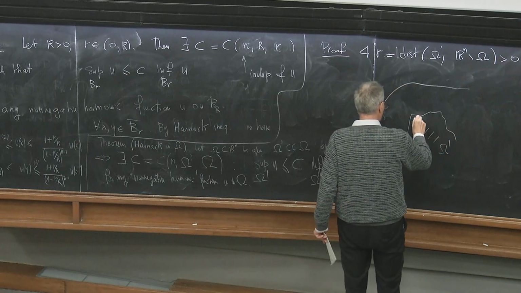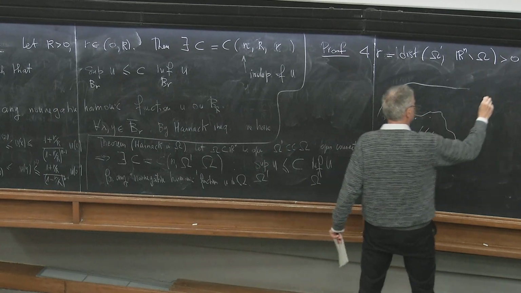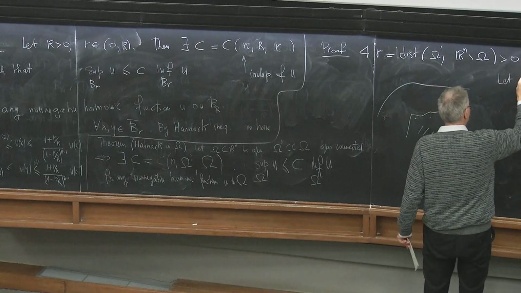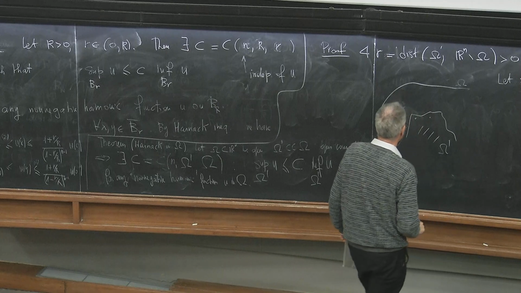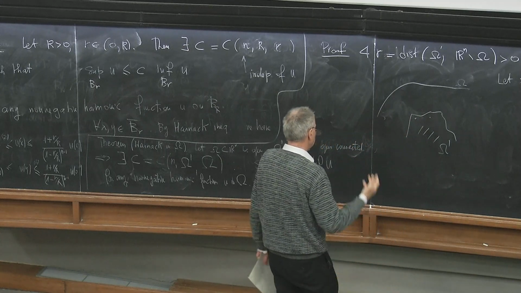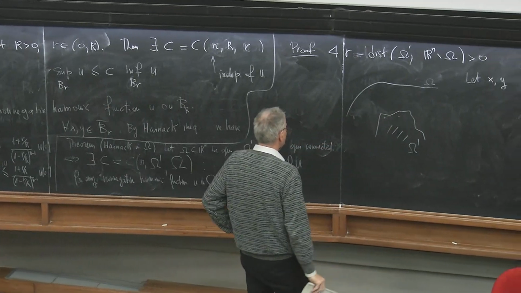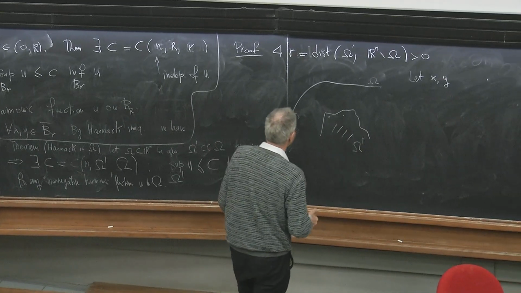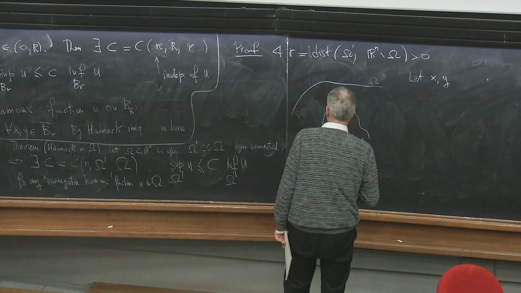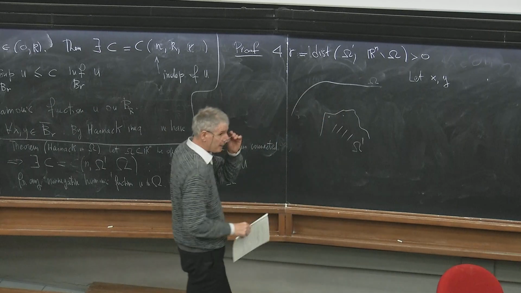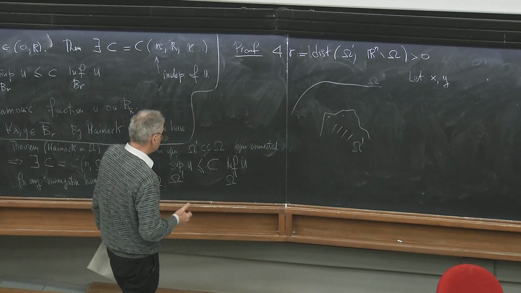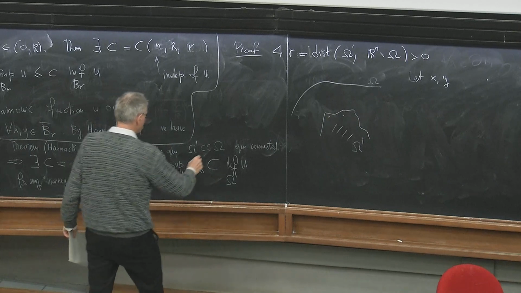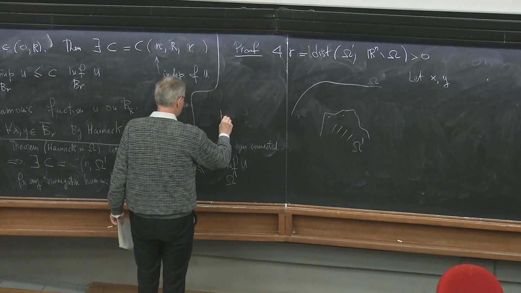Then I take two points, x and y. Professor, what will happen if this distance equals infinity? If this distance is infinity, it would be even better. Okay, if you want, we can do this bounded.